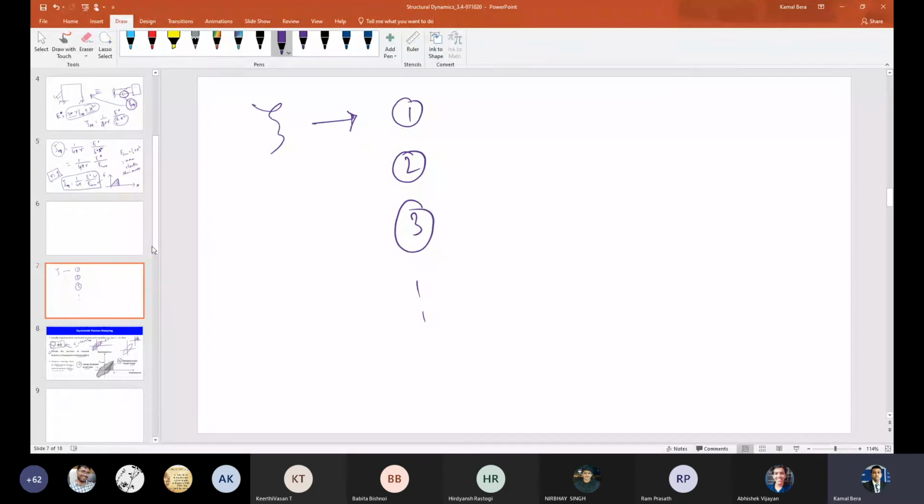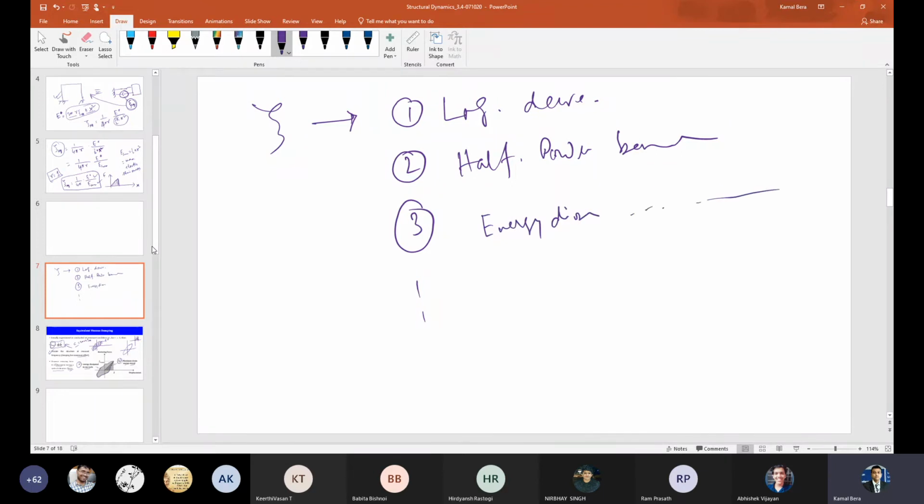Logarithmic decay, yes. Second, half power. And third is by energy dissipation, that is, energy dissipation due to viscous damping in a cycle. So these are the three methods we have learned to obtain the damping ratio.